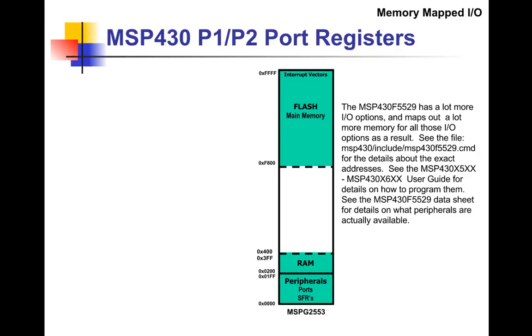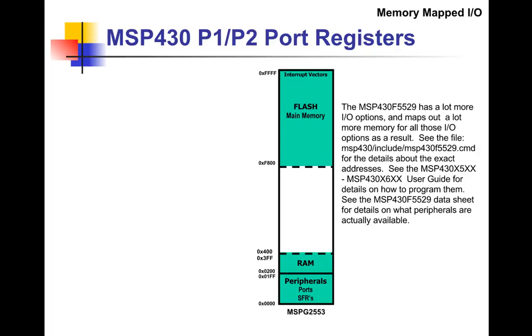And you can also look at the user's guide for the MSP430 X5XX and X6XX processors, and it will tell you in there more about how to use these devices. And you can look at the data sheet to find out exactly which peripherals are actually available, because they have different chips with different peripheral configurations.